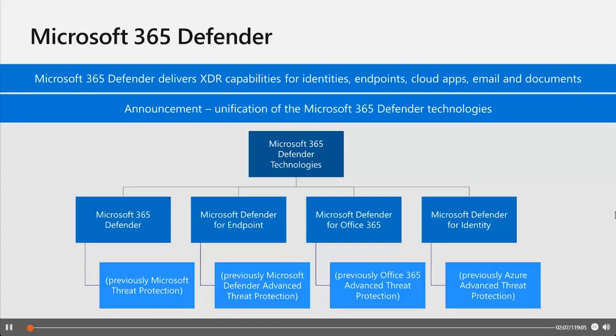So with this Microsoft 365 scenario and the Defender options, you have all-around XDR capabilities ready for identities, for endpoints, for cloud apps, for email and documents, so that you discover on which device sensitive content is and operate in your security mode.